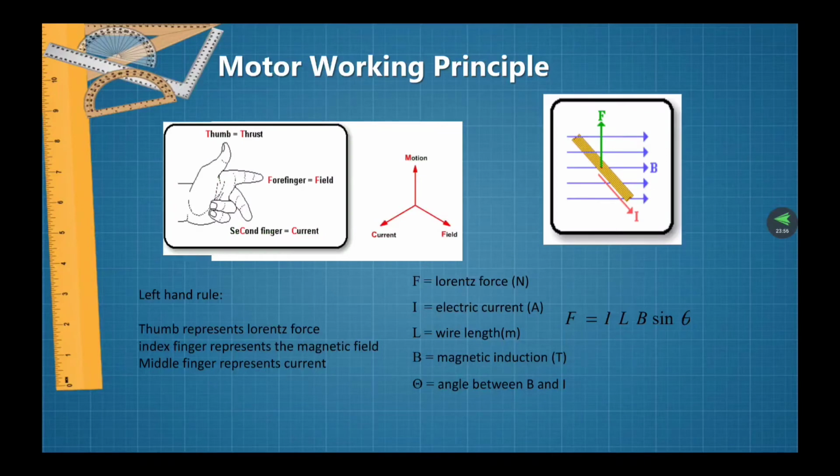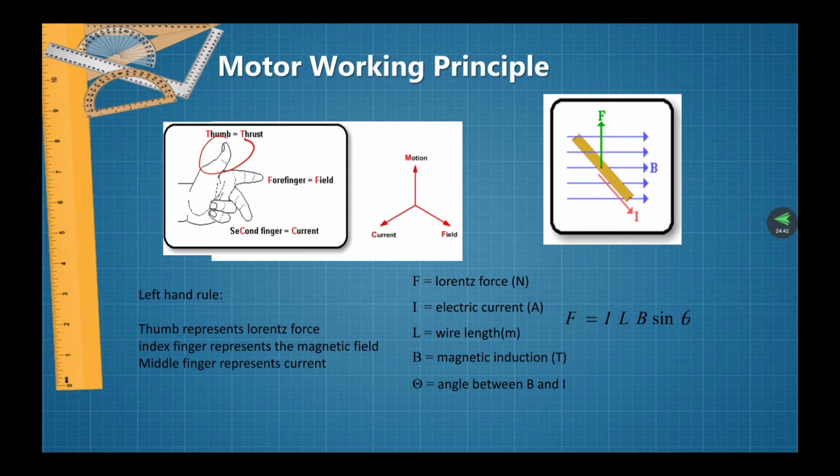And this is the motor working principle. They use Fleming's left hand rule. If we stretch the first finger, the second finger, and the thumb of our left hand to be perpendicular to each other, the first finger represents the direction of the magnetic field, the second finger represents the direction of the current, and the thumb represents the direction of the force experienced by the current-carrying conductor.